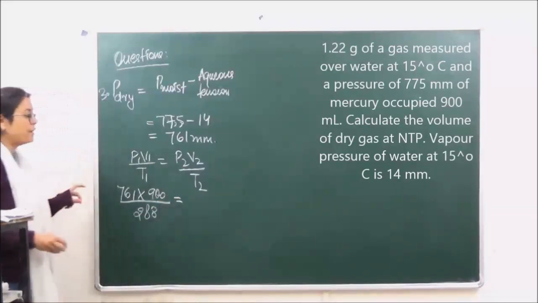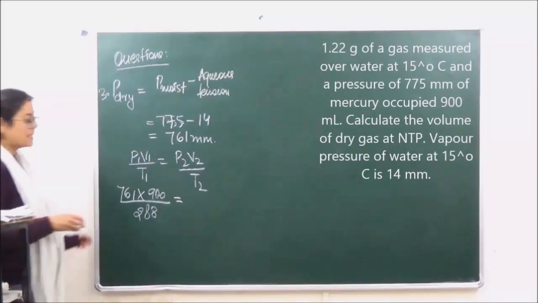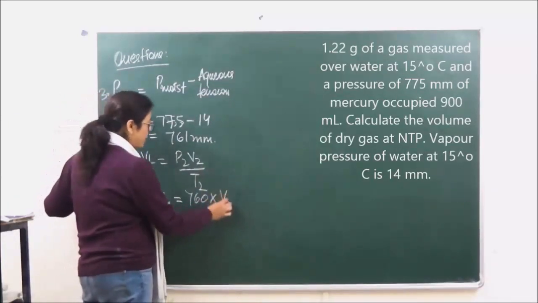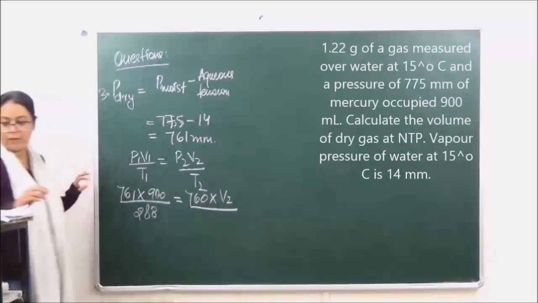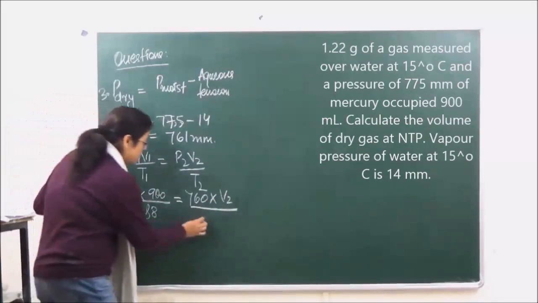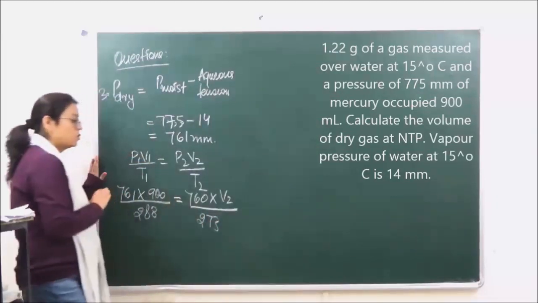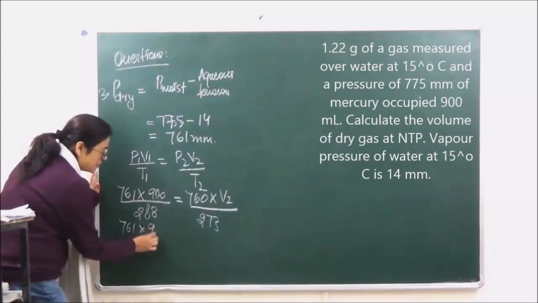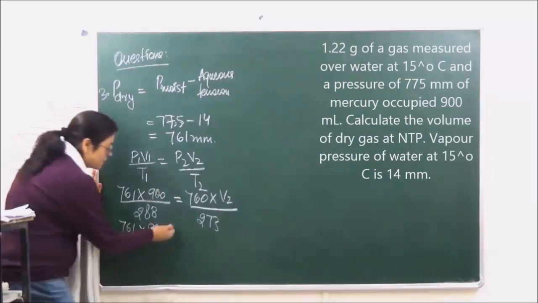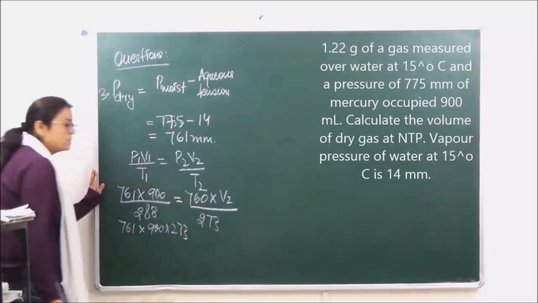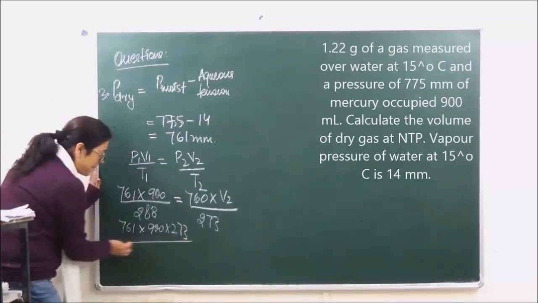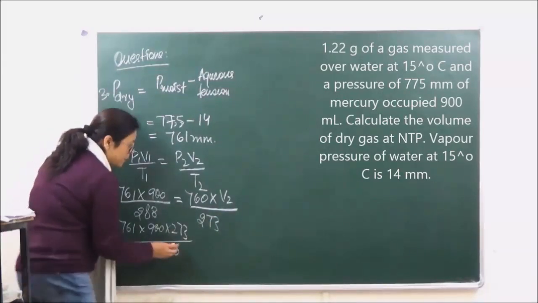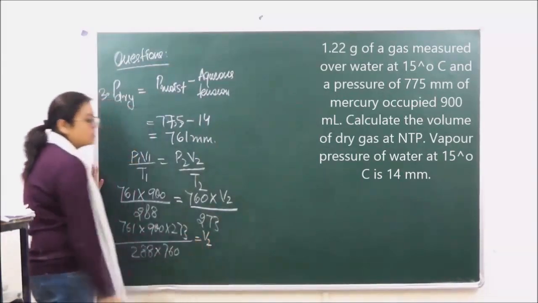that is equal to P2 given to us is 760, V2 we have to calculate, upon T2 given to us is 273. So how will you calculate V2 now? 761 into 900 into 273 upon 288 into 760, that is equal to V2.